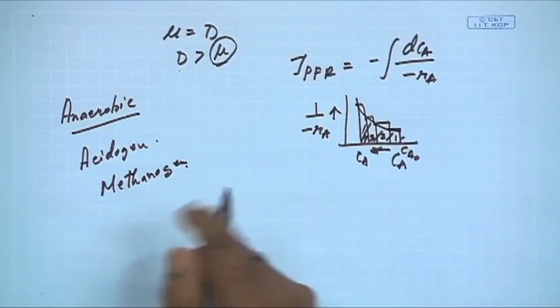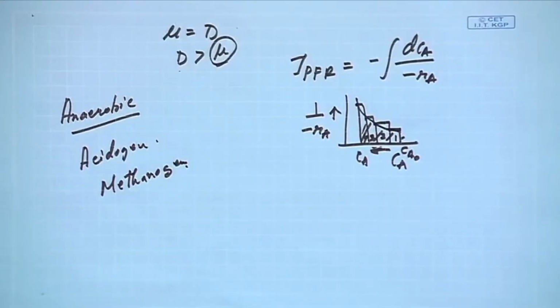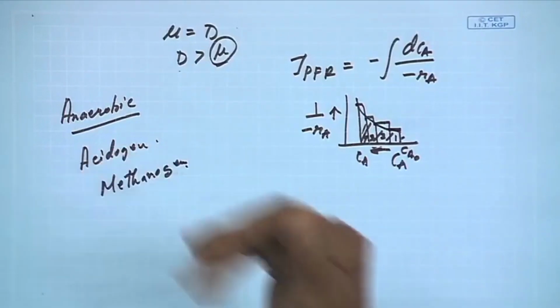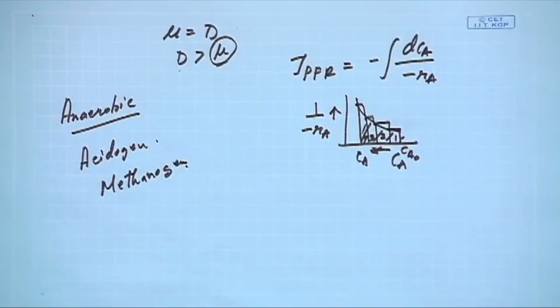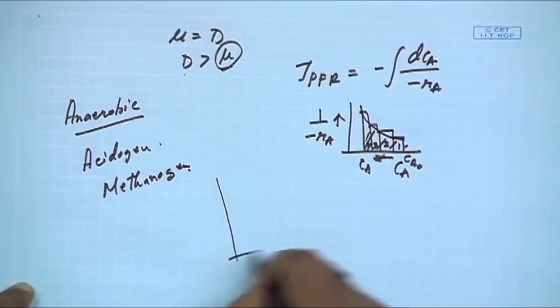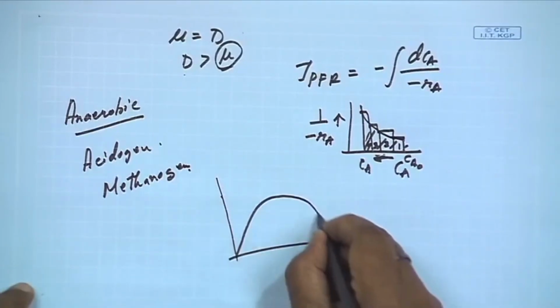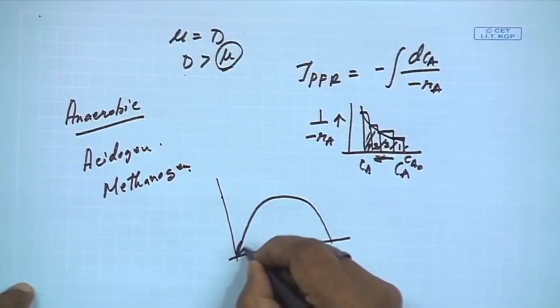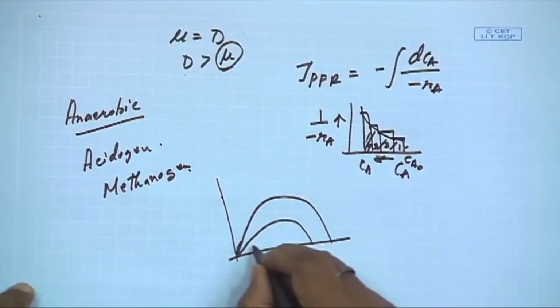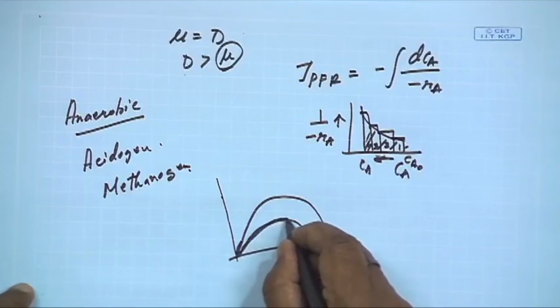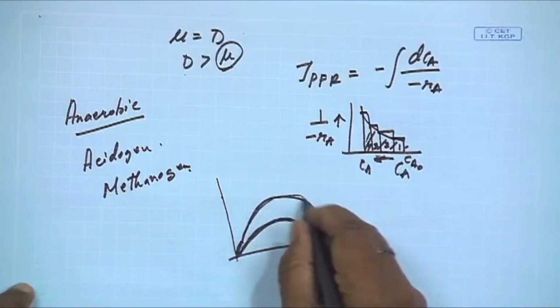If you want to separate the acidogens from methanogens, you can do it very easily, because the picture is like this. One is this, another is this. This is for your methanogens, and this is for acidogens.